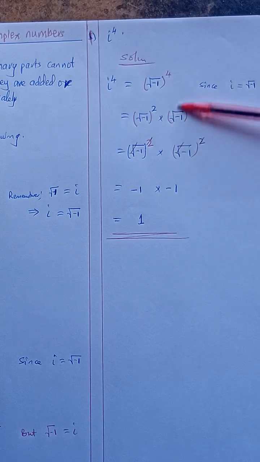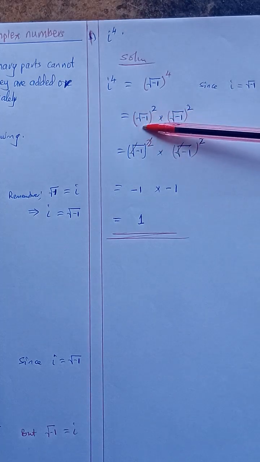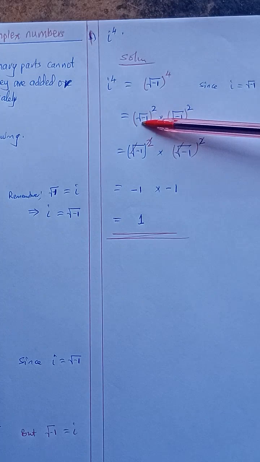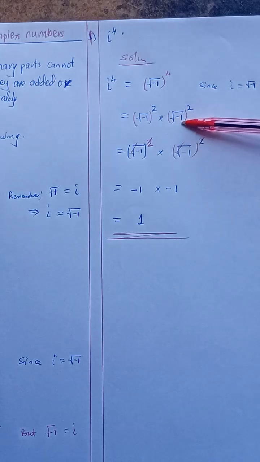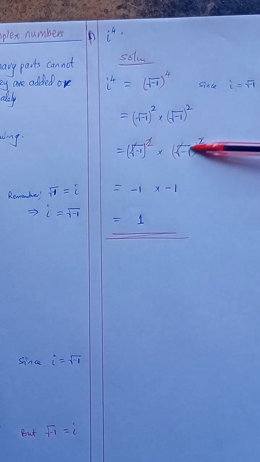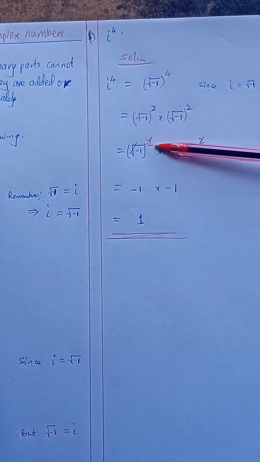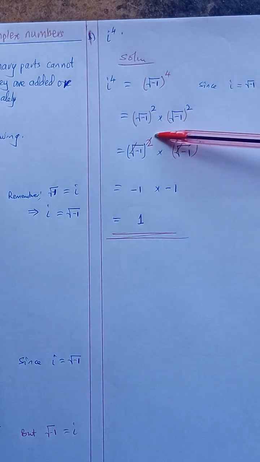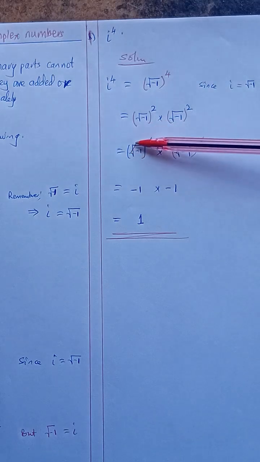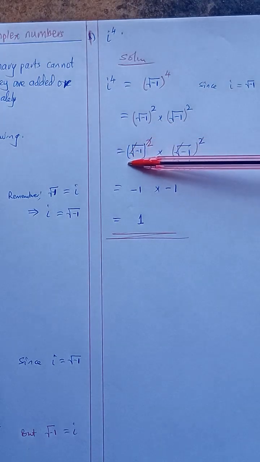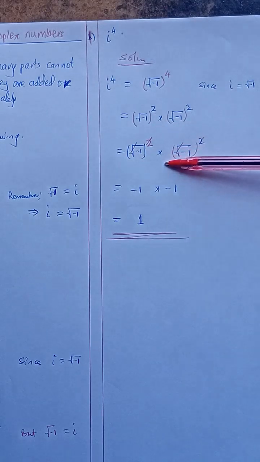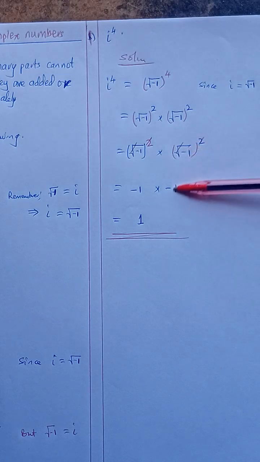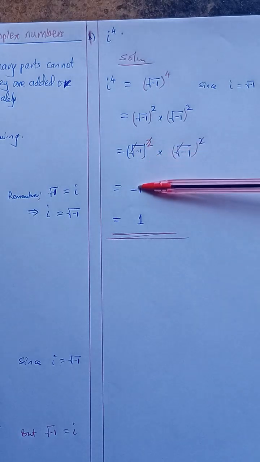Now when we express it, we shall have the root of -1 to power 2, times the root of -1 to power 2. Then we cancel out the square by the square root on this side, and on this side also. So inside the root here, we remain with -1, and here also we remain with -1.